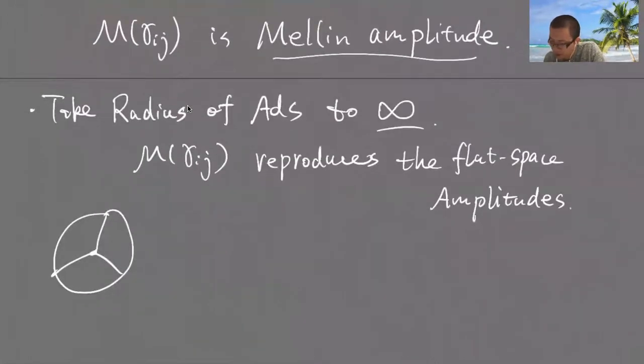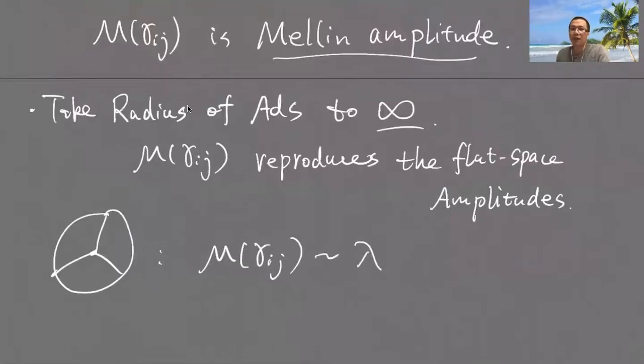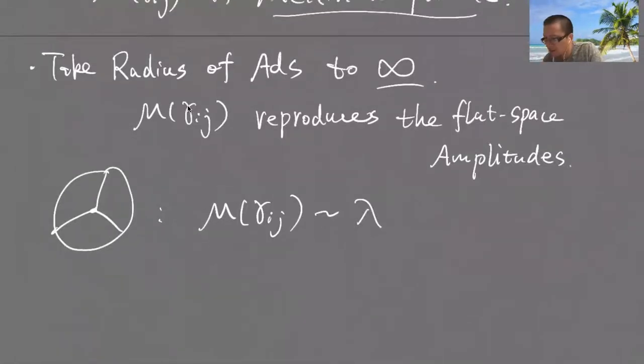So for this case, the Mellin amplitude is simply lambda, which is what you would expect, because we are talking about lambda phi^q theory. The amplitude is lambda, not surprising.